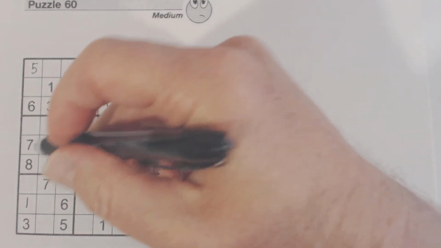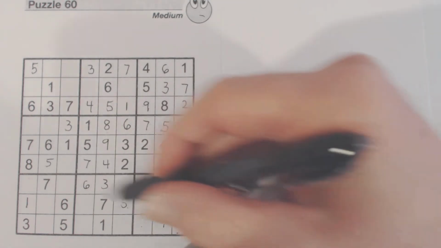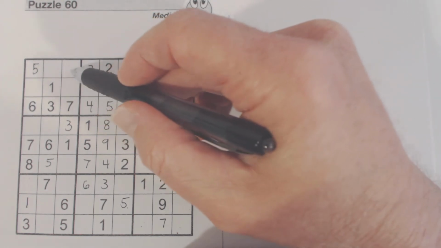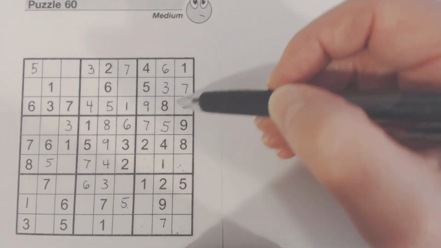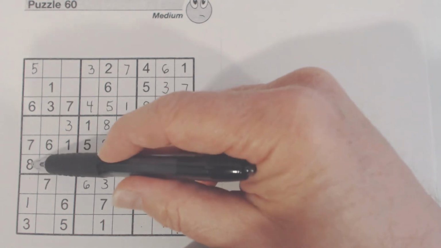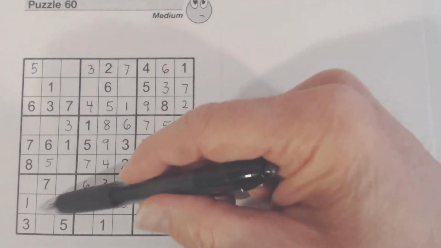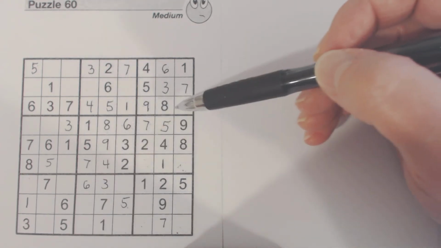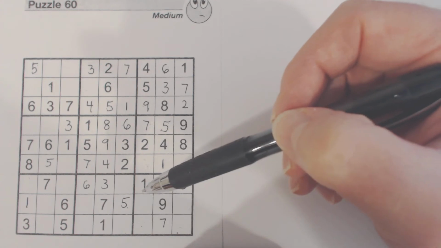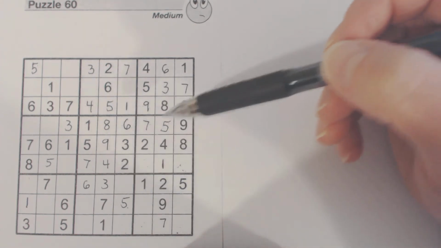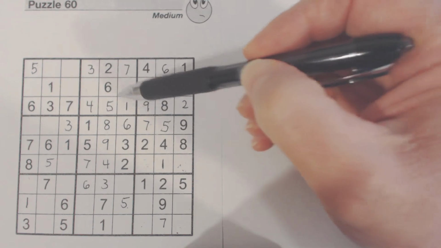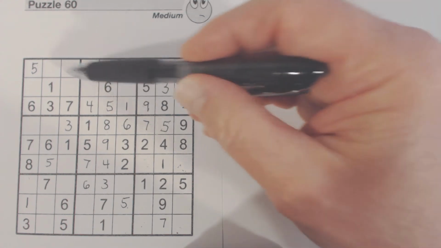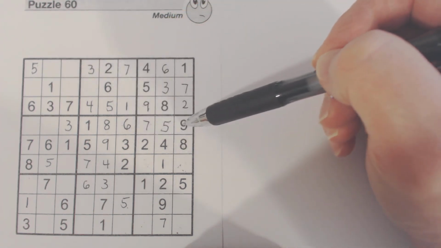7's. 7's are all done. 8's. Okay, can't solve those. And 8. Okay, can't solve any 8's. 9.